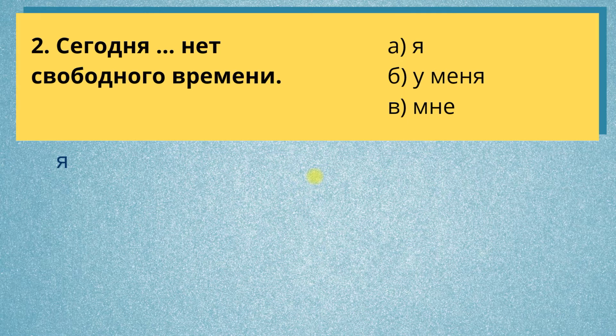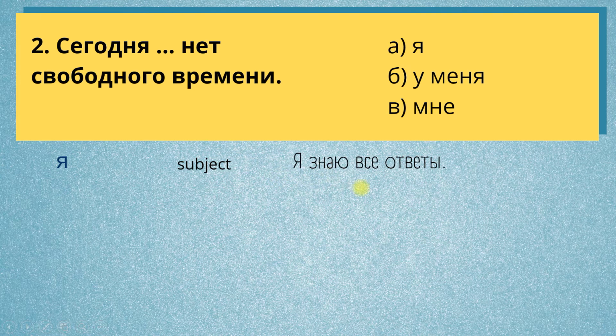I have "я". "Я" is the simplest one. Of course, it's always a subject. It's the hero of the sentence. Subject is somebody or something who is doing, who does, who did something in the sentence or will do. So that's the hero of the sentence.